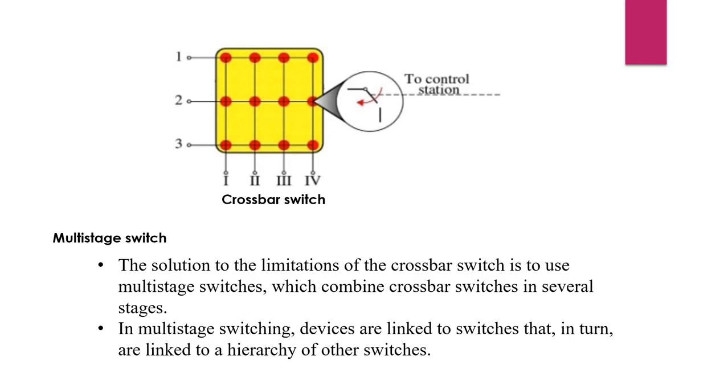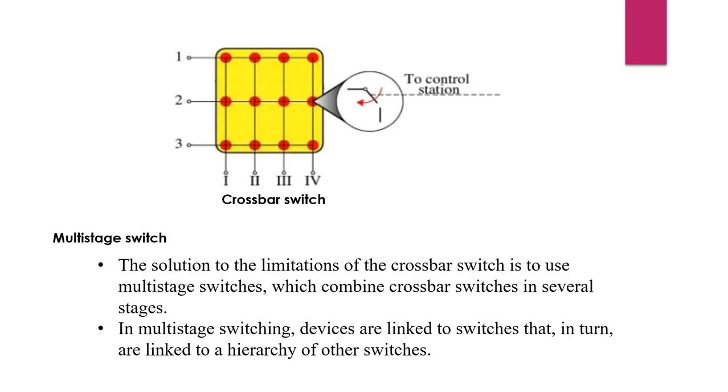For example, if there are 20 inputs and 20 outputs, we need 400 crossbar switches. The 400 crossbar switches are expensive, with difficult fault identification and isolation. These drawbacks are overcome in the multi-stage switch.